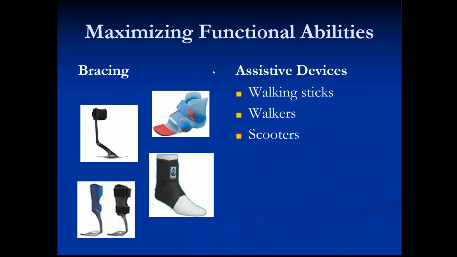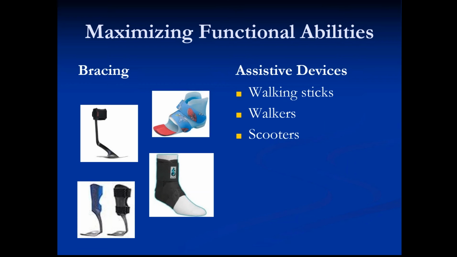Or even family settings, if you're going for a walk around Disney World or something like that, a scooter may be an option for longer distances. But like I said, there are other options for kids. It could be a manual device or a power device, but something to help them maximize their abilities in situations where their endurance may be challenged.